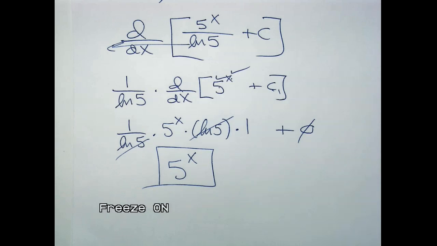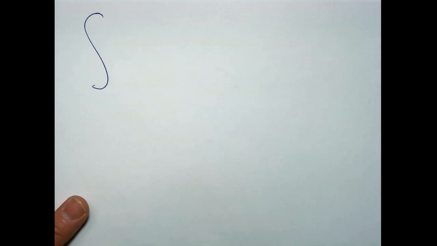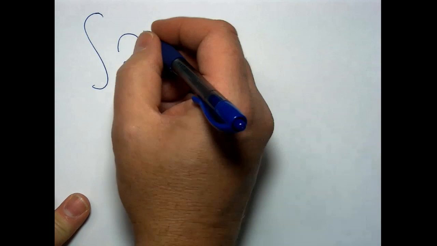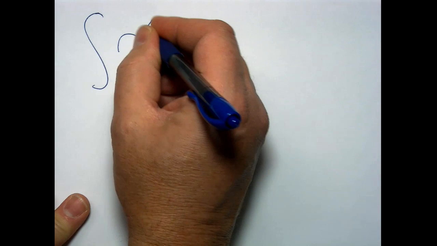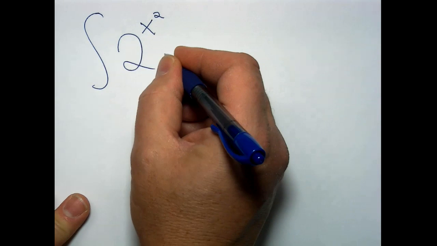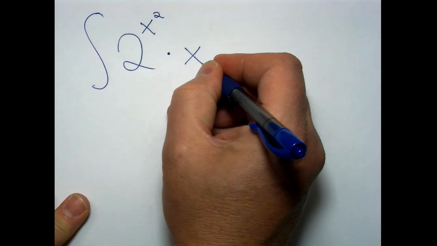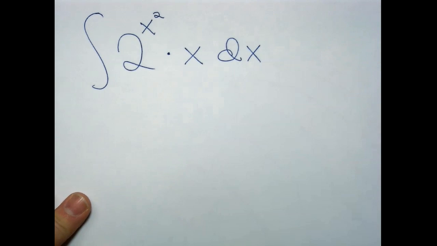Now I'd like to do a problem with U-substitution to see if we can really follow through on this. Here we go. Let's integrate 2 raised to the x squared multiplied by x dx.